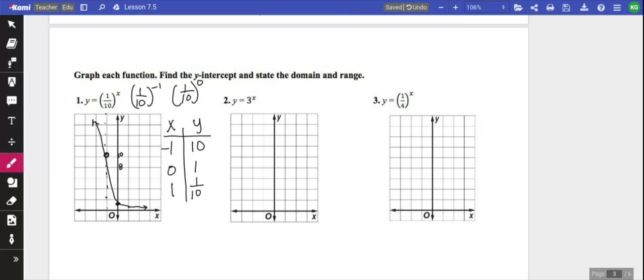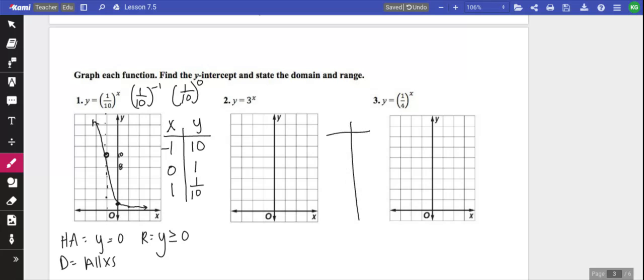So if we were talking about the horizontal asymptote, I would say it's y equals 0. Now my domain, it's going forever to the right and forever to the left, so that's all x's. And my range matches my horizontal asymptote, except it has a symbol, so y's are all greater than or equal to 0.